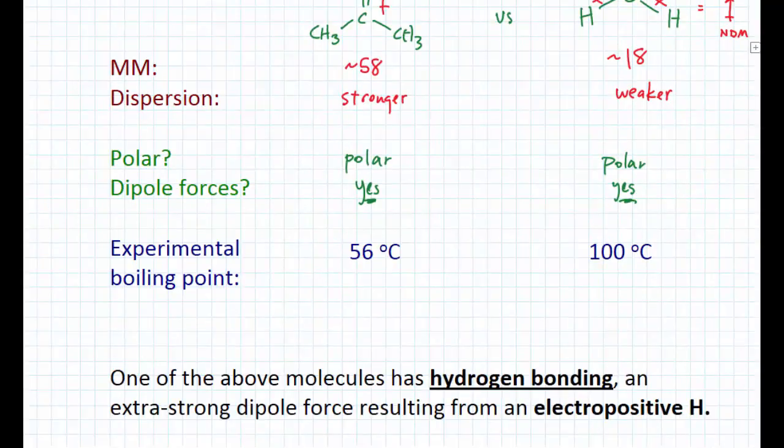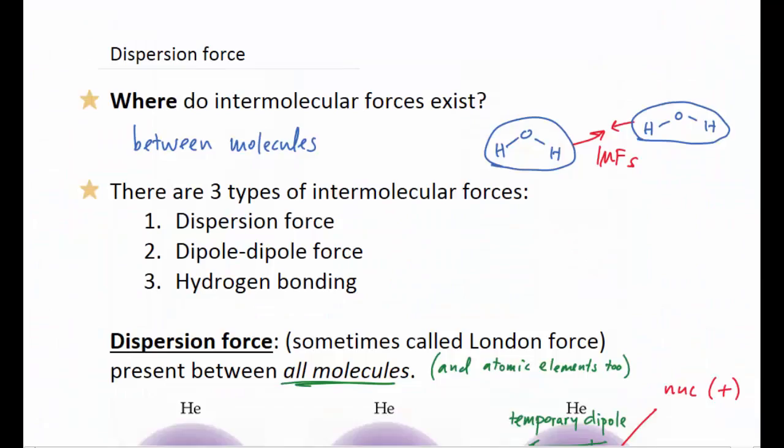Right? Way back here, said there are three types of intermolecular forces. Dispersion forces present between all molecules. Dipole-dipole forces present between polar molecules. Yeah, you can go back to that page. It wouldn't be a bad thing to write that. Polar only.